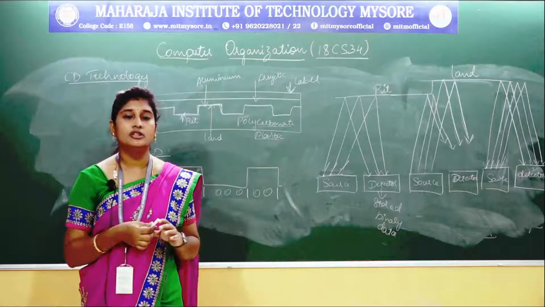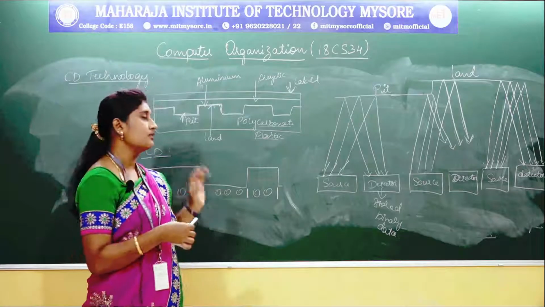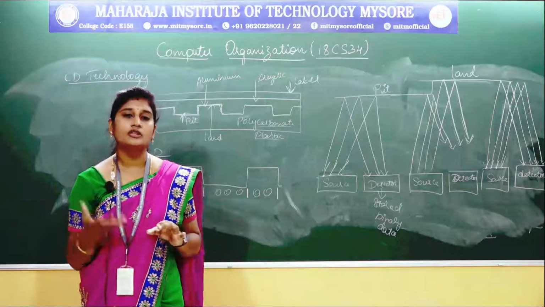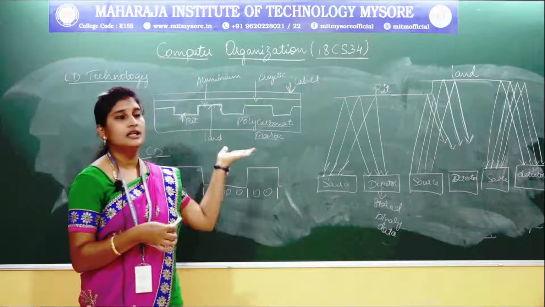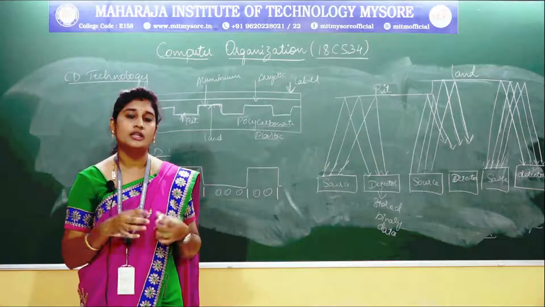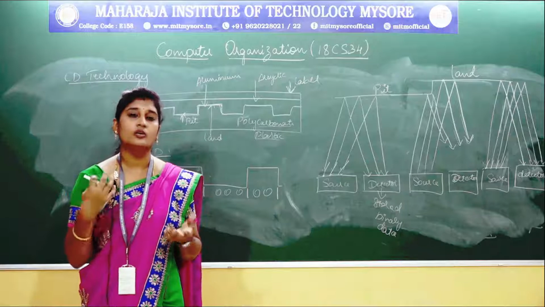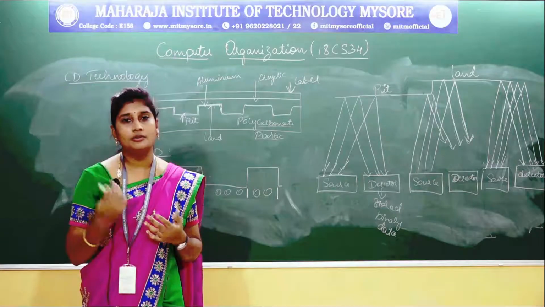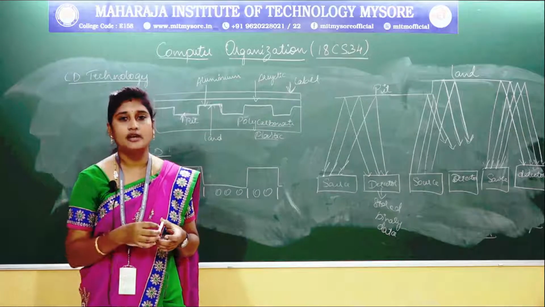Next you came to the secondary storage device, that is virtual memories, and in this class you studied the secondary storage devices, that is magnetic disks and also CD technologies. In all these storage devices, you saw how the operation is performed and how the data is stored, whether you are reading the data or writing the data to a particular storage device.